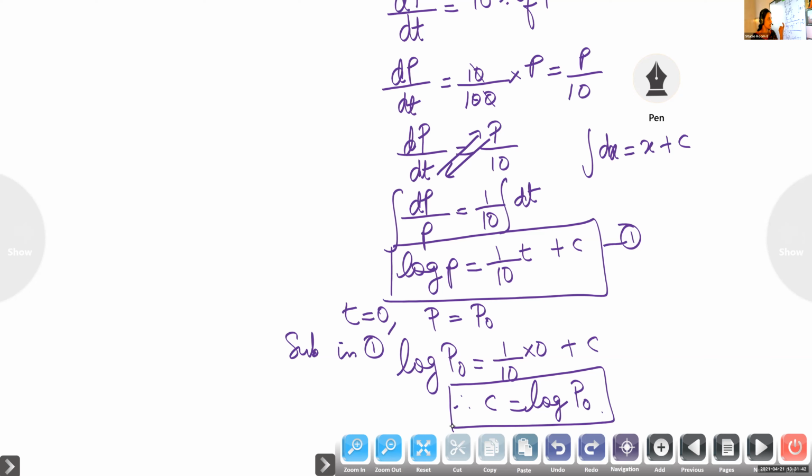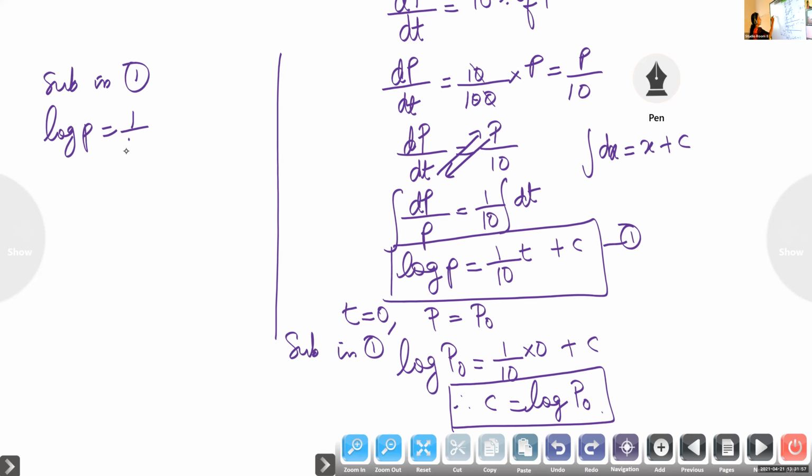So substitute here, substituting in equation 1. I am writing here. When you substitute this in equation 1, we get log P is equal to 1 by 10T plus log P naught. Is it okay, children? Up to this, is it okay?